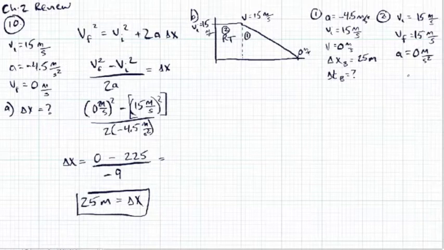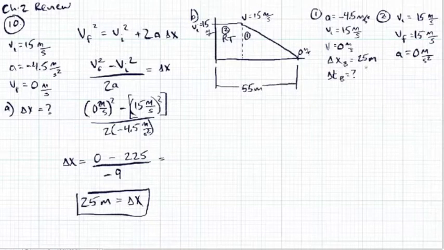Now, do we know the displacement for part 2? Well, we know that for the whole amount of time of you expending your reaction time and then the braking time, the distance is 55 meters.